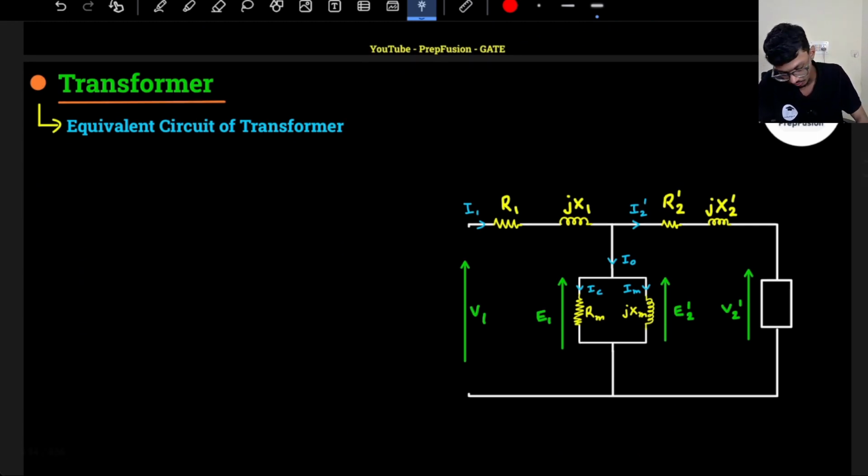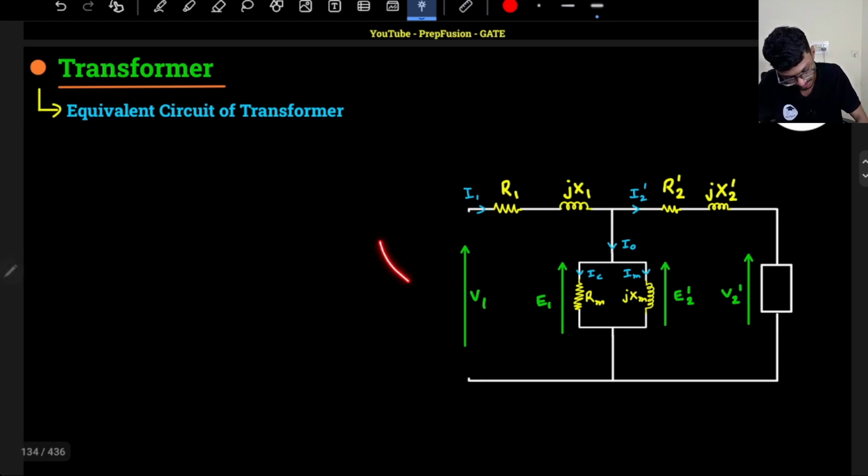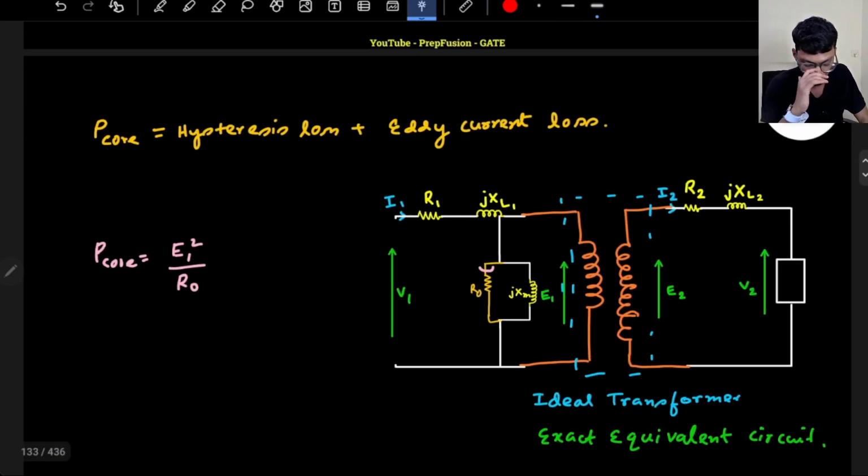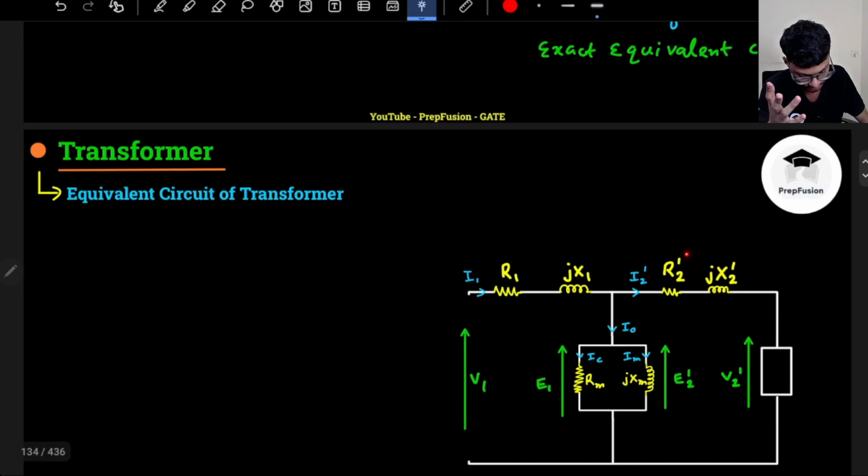Now we are discussing the actual equivalent circuit of the transformer. This is also one way to write the transformer. What we did was remove the ideal transformer and directly refer the voltage to the primary. So E2 will become E2 dash, V2 will become V2 dash, every component will become a dash, referred component.